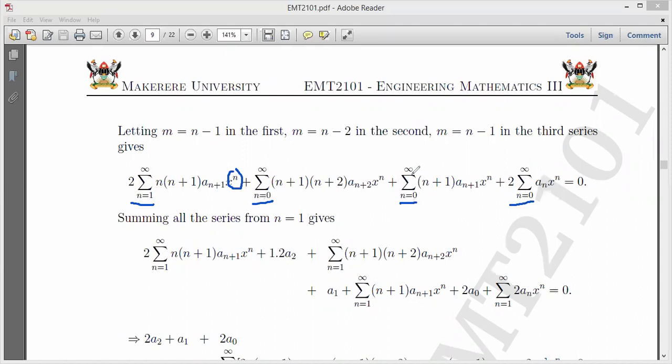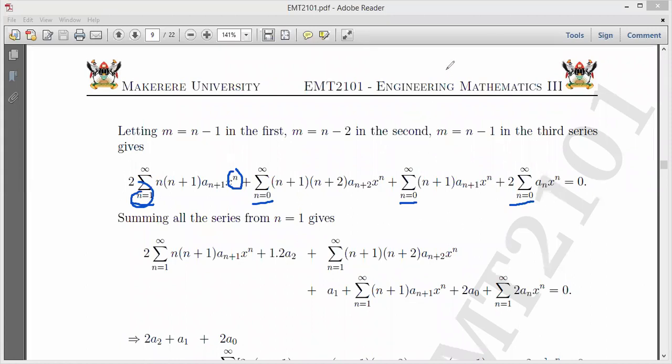This one should run from 1 to infinity, and this one should also run from 1 to infinity, so that all of the lower limits run from 1. If this one here wouldn't mess up this power here, we would definitely have simply taken this to run from 0, and aligned it with these ones here. But unfortunately, doing that, as I've said, will mess up the power there. So it's better we take these ones.